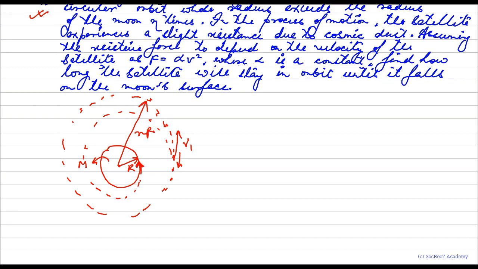Now let's say that when it strikes the moon, its velocity is v2, which is definitely going to be tangential to the surface of the moon at which it strikes.